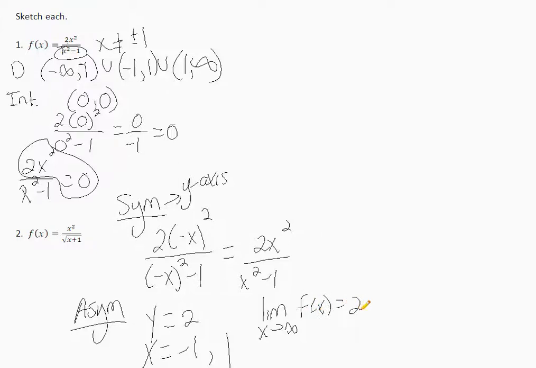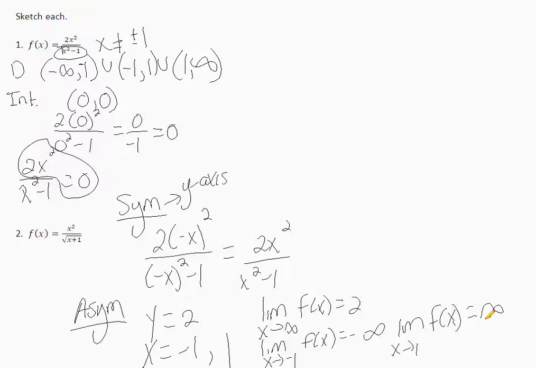That's my horizontal limit statement. And then I'd say the limit as x goes to negative 1 of the function is negative infinity, and I'd have to figure out if it was going up or down. And the limit as x goes to 1 of the function is infinity.